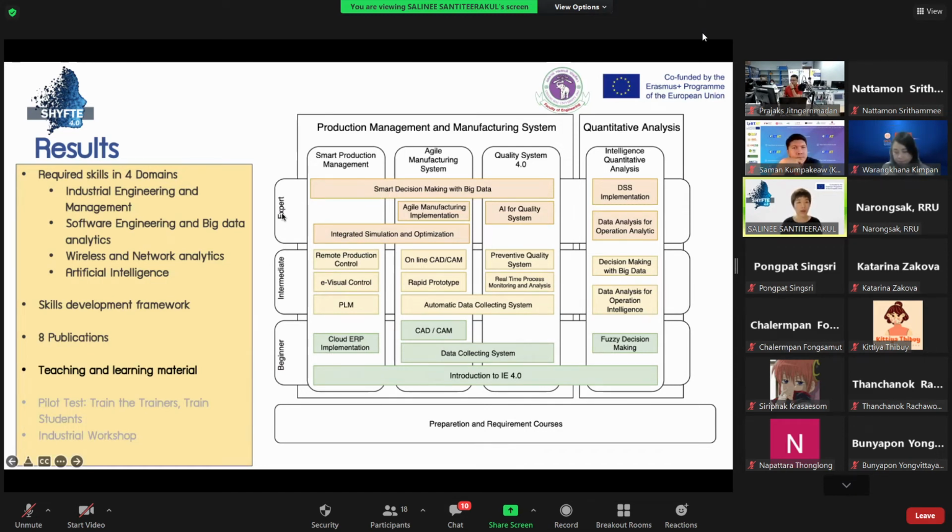And also the other three domains, software engineering and big data, wireless network analytics, and artificial intelligence, they will have to design the framework in their expertise domain as well.